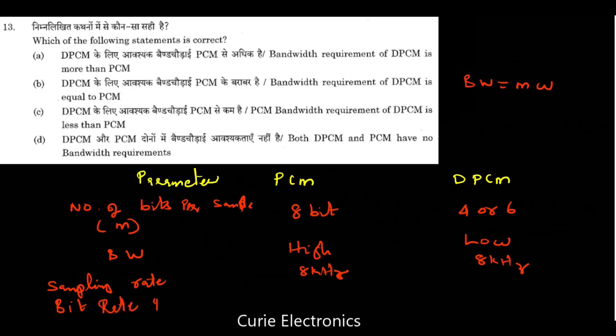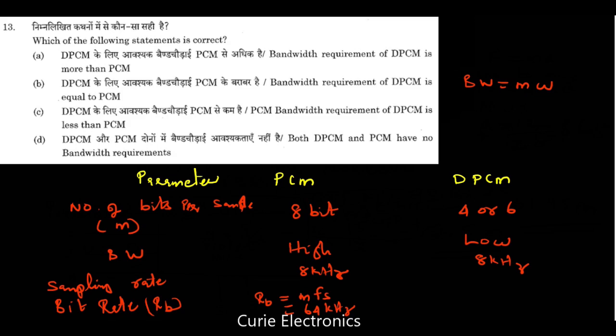RB equals M Fs, so this is going to be 64 kilohertz for PCM. For DPCM, it is going to be lesser than that.